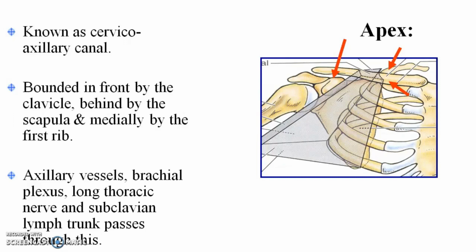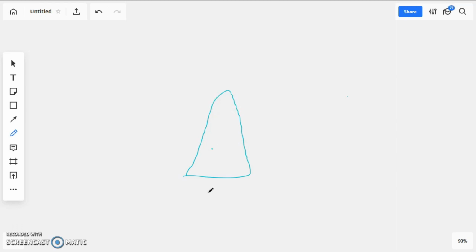For a simpler way to make you at ease with the diagram, consider this as an axillary region which is conical in shape, with the apex upwards and the base downwards. Now we are talking about the boundaries of the apex alone. The apex is bounded in three ways, that is anterior, posterior and medial aspect.